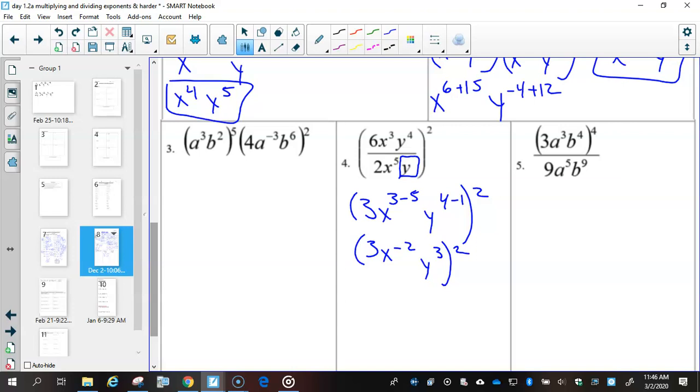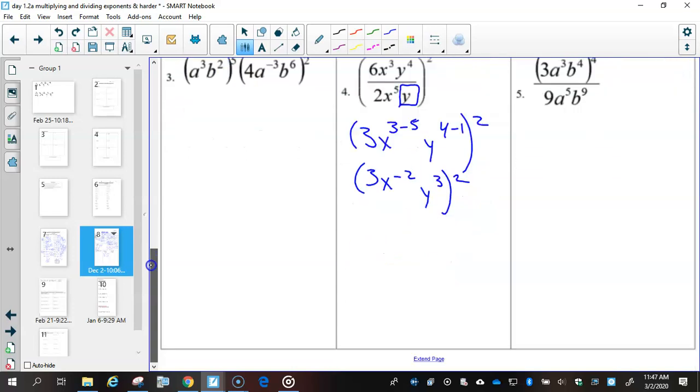Now, if you are dealing with something like this and you have negative exponents, we still need to apply our exponent, raising a power to a power. So don't worry that we still have negative exponents right now. We'll deal with those. What would we do with this exponent? Multiply.